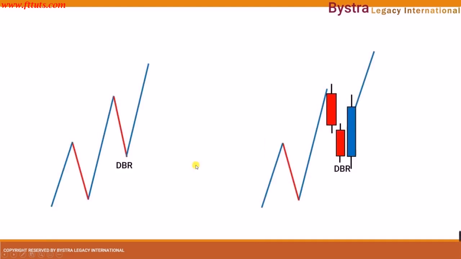Here I'm going to show you another example, where the drop base rally is a little bit lower than the capital A. In this case, as you can see, this drop base rally is our entry point, right, guys? So the next thing we should do is mark the horizontal line at the capital A. This is capital A, the resistance.